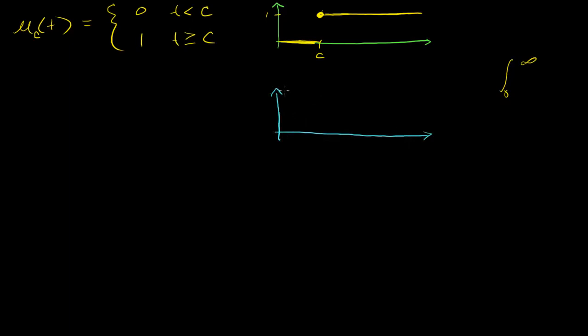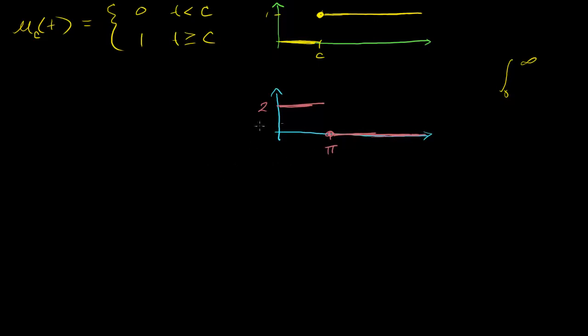And let's say it's at 2 until I get to, let's say, pi. And then from pi until forever, it just stays at 0.